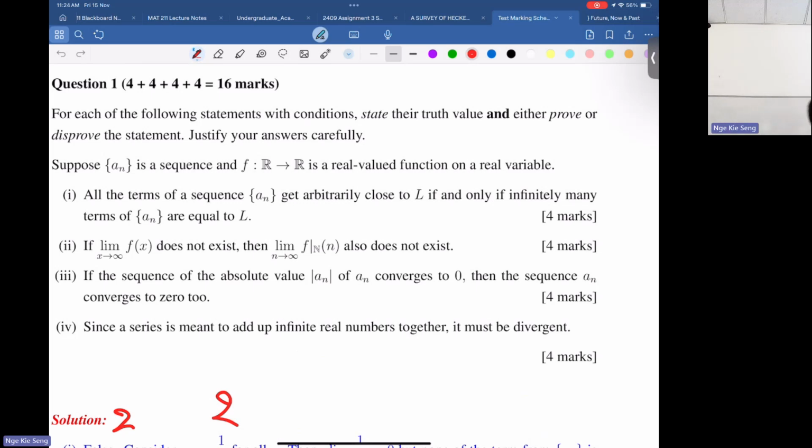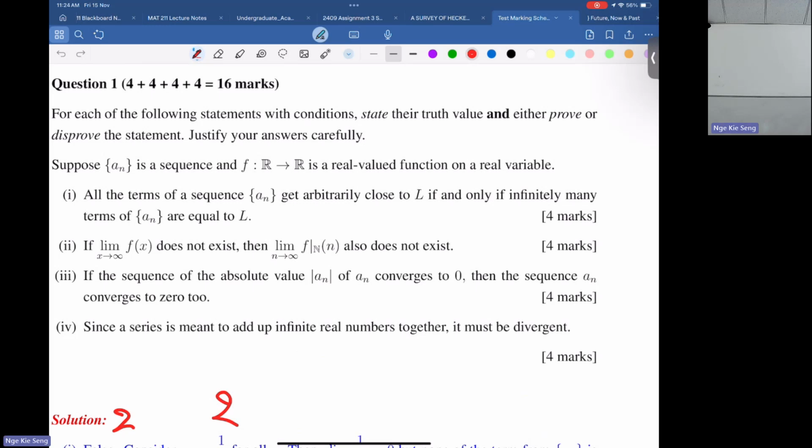Okay, for the first one, if you look at these four, three of them are what we discussed in class, 1 to 3. Number 4 I came up with randomly. Quite good that few of you have the exact same solution as mine, because some of it already appeared in the lecture notes.